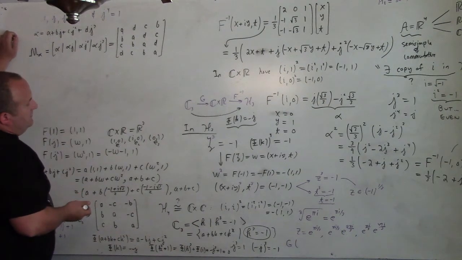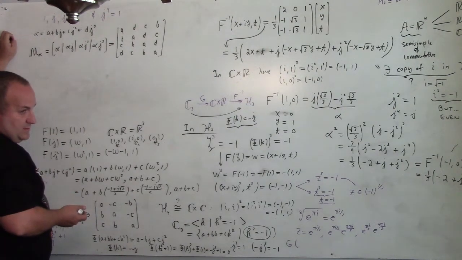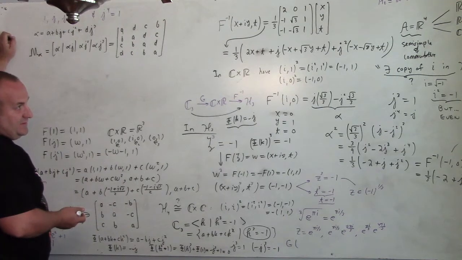And of course we could study the determinant of that being 0. That was part of what helped convince us that H3 was C cross R.